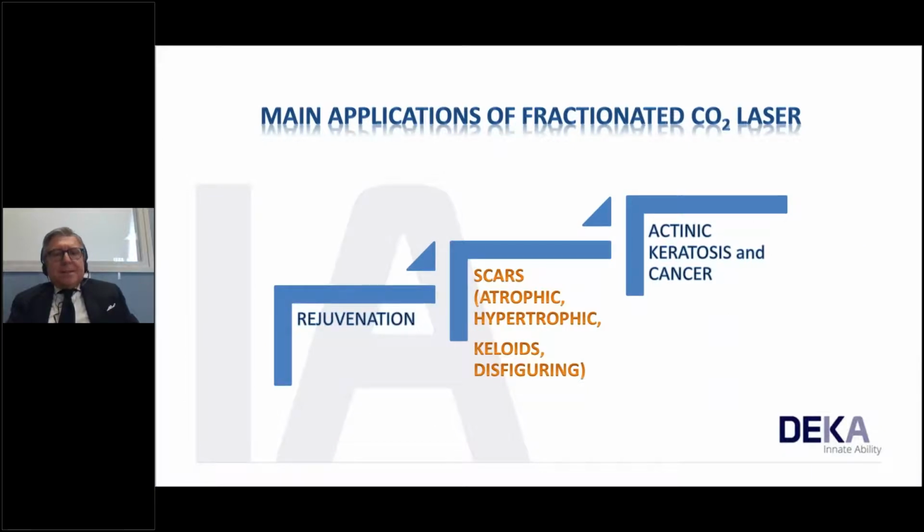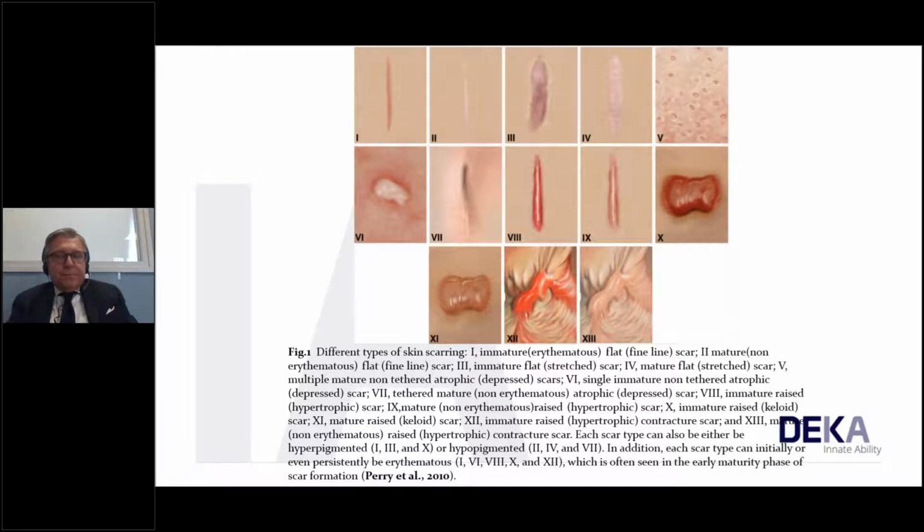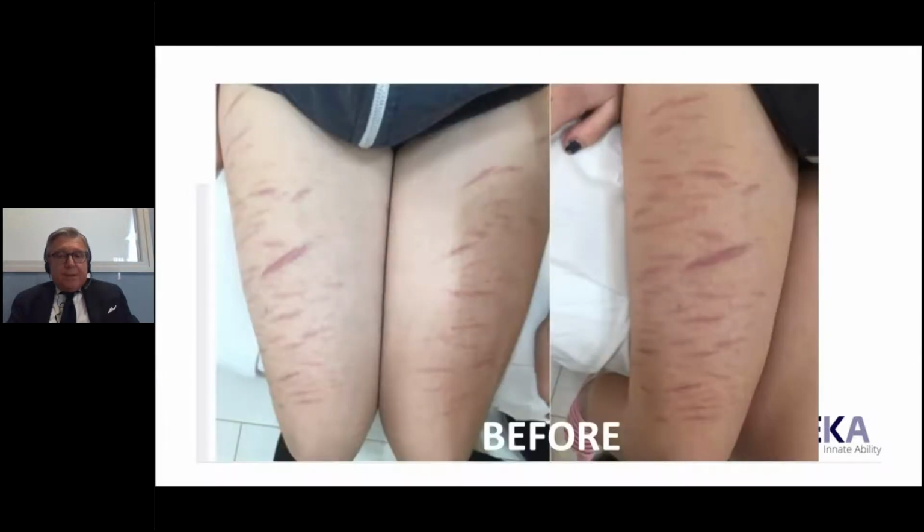Well, scars and keloids are a very important issue. We treat very often combining the fractional laser with other lasers, depending on the type of scars we have to treat. This is one of the cases where we are really proud to treat this patient.